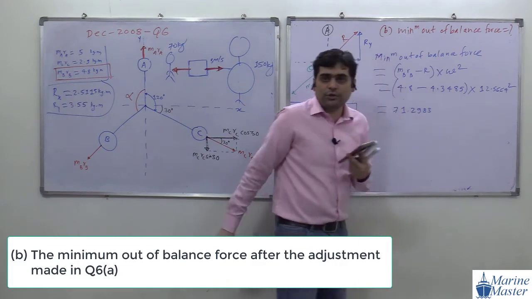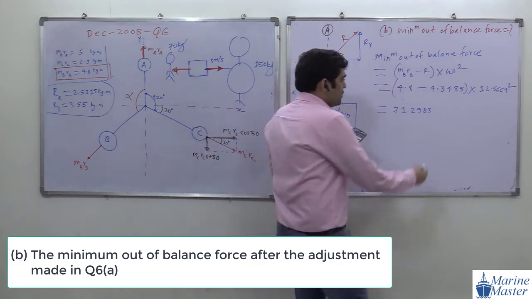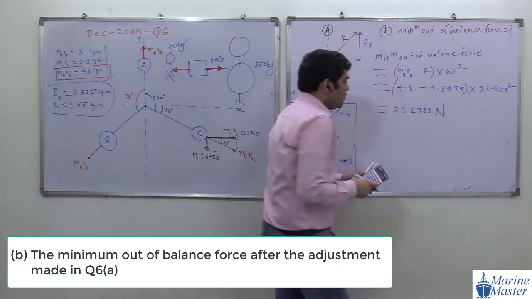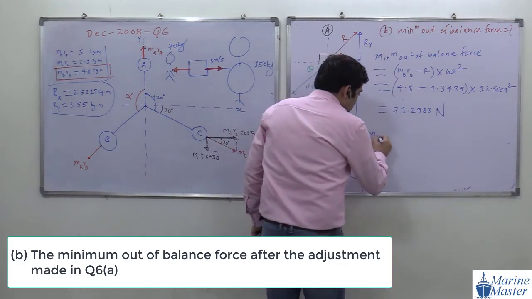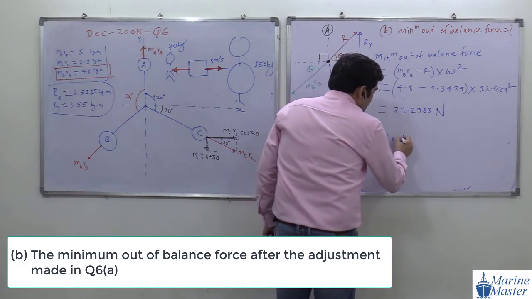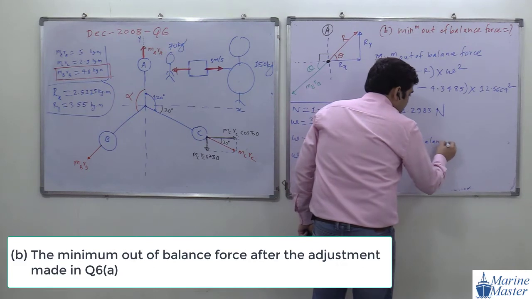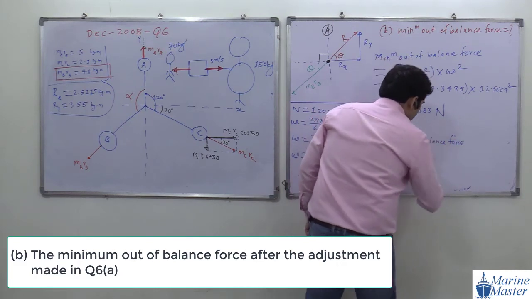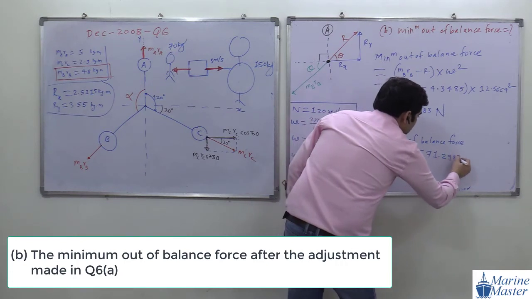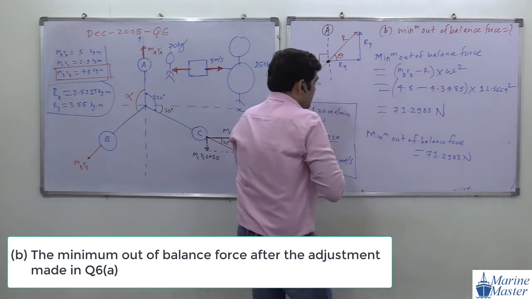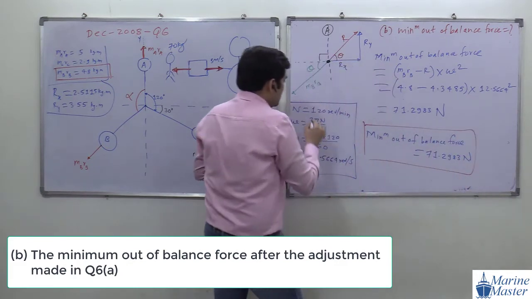What is the unit of out of balance force? Newton. So at the end, I will write the concluding statement: minimum out of balance force will be equal to 71.2983 Newton.